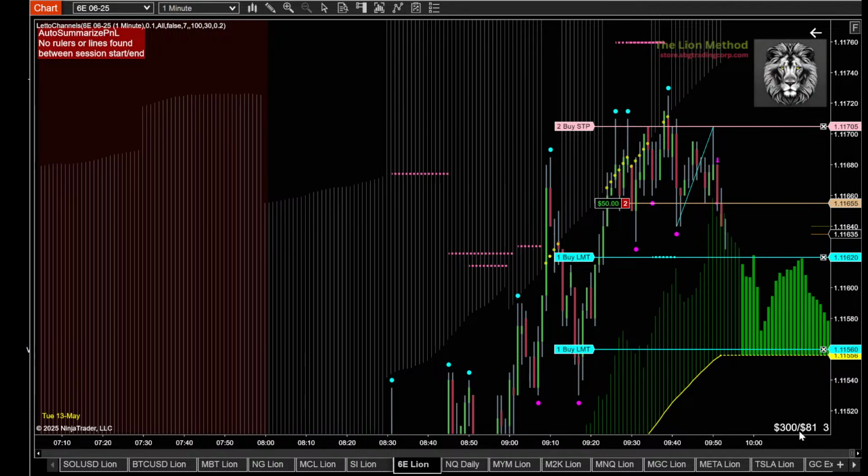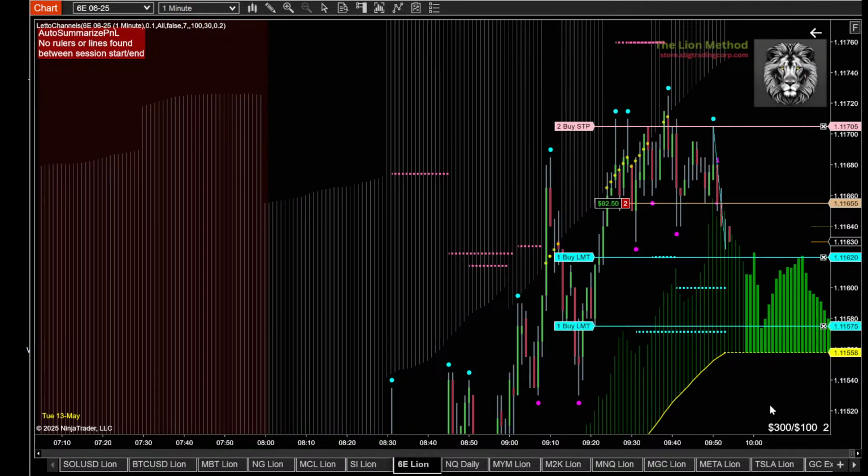Come on, 6E, go a little bit lower. So we have two targets here. First is the extension level, which is that dashed line you can just see behind there. But also the second target is the 100. So that's our second spot. If we get a little shaky, we can target these new targets that are coming, one off of that swing and another one off of this swing. Let's do that. Let's move to that swing.